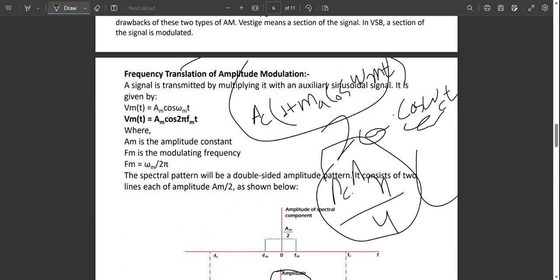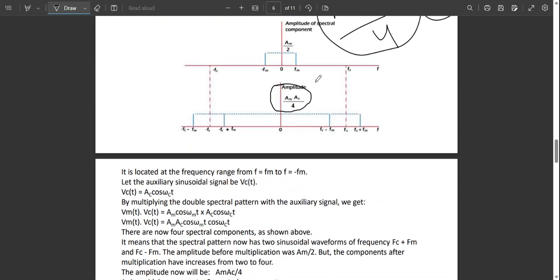Then the total power will be Pc plus Pc into ma square by 2.